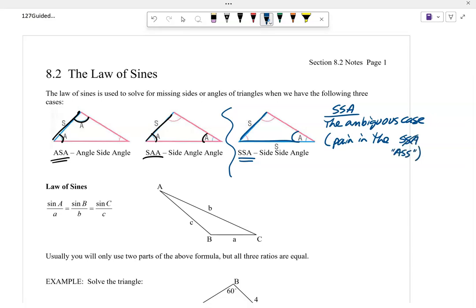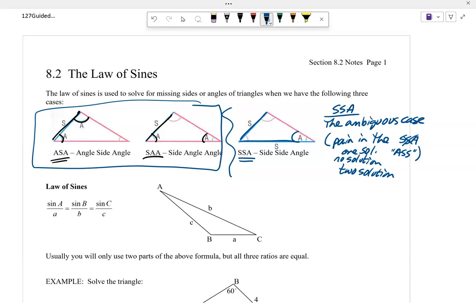It's kind of a pain in the butt, because you could have one solution, you could have no solution, or you could have two solutions. So there's different cases, different options. Whereas with these two, it's just straightforward. You just got one solution, you just plug and chug and go at it.